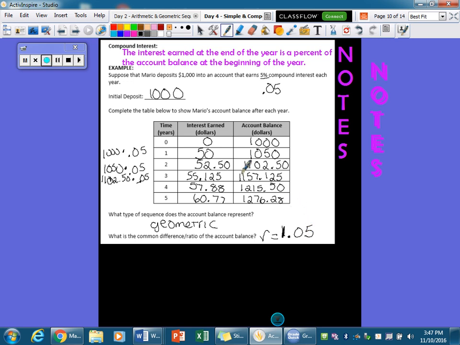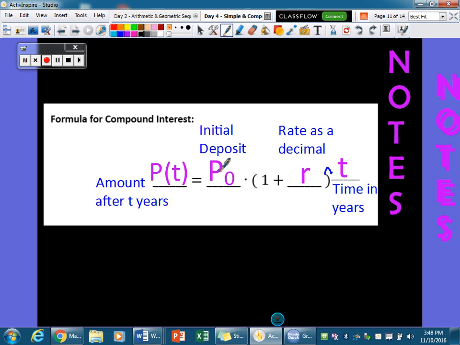Okay? All right. So now there's an actual formula, so I don't have to find all the ones in between, just like for simple. And you will not need to memorize these formulas, but you need to know how to use them. P of t, amount after t years, equals P sub 0, our initial amount, times 1 plus our rate, and that's where I got the 1.05 in the previous problem, because you have to take how much you have right now and add something to it.